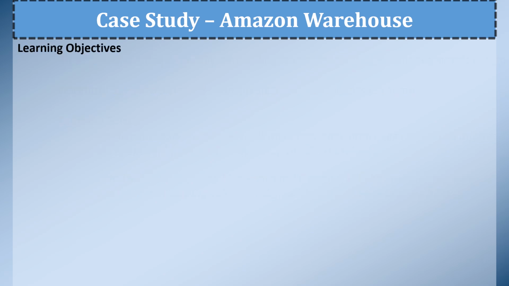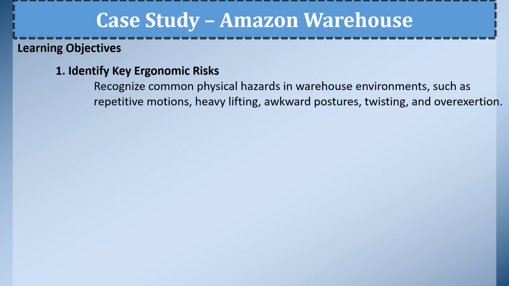Learning objectives. Identify the key ergonomics risks. We will learn to spot the key physical risks that contribute to long-term injuries in warehouse jobs, forming a foundation for ergonomics assessment. Apply user-centered design principles.